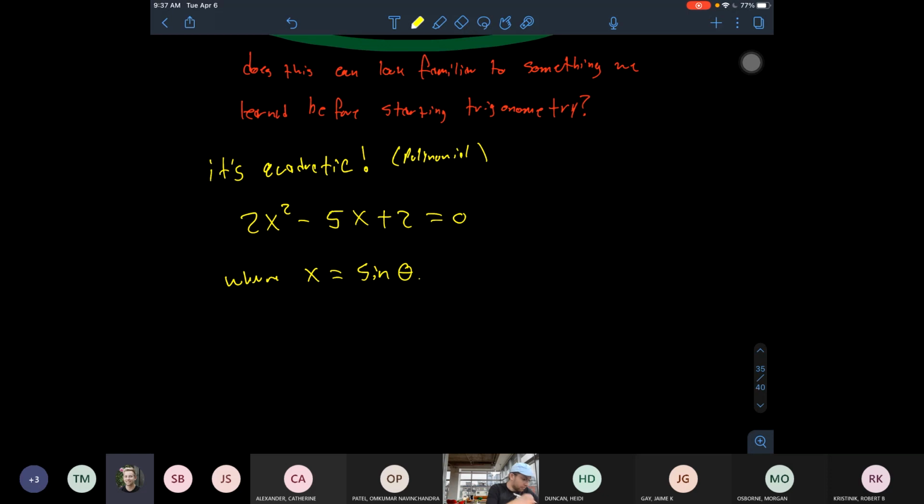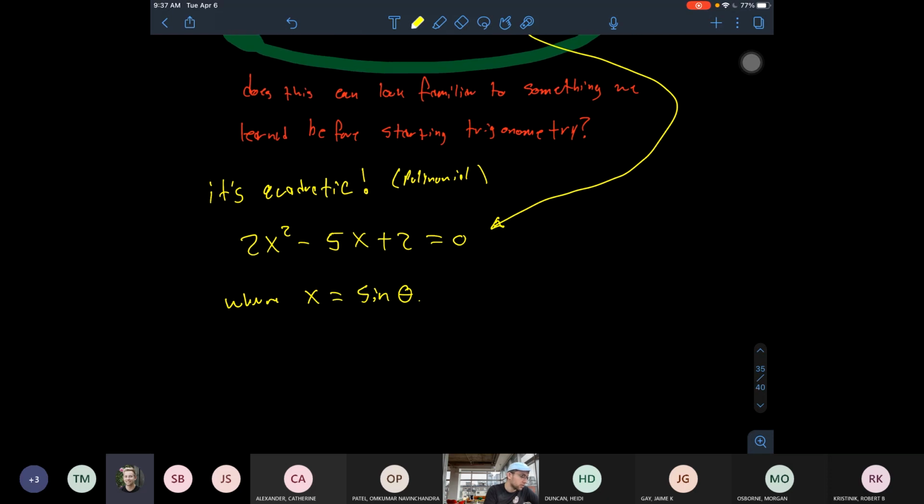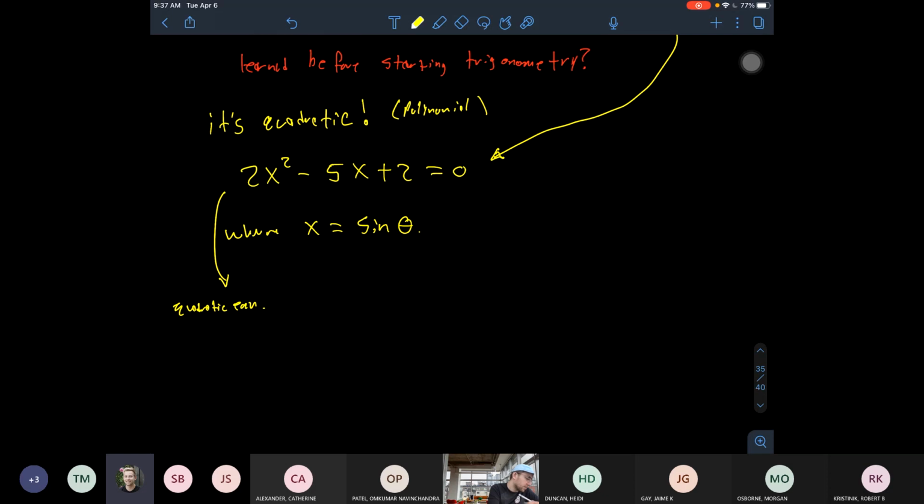So, if I want to know how to solve this equation, I can use the fact that I already know how to solve this quadratic equation using x. So let's solve the quadratic equation using x. Well, if I solve it using the quadratic formula, what do we get?